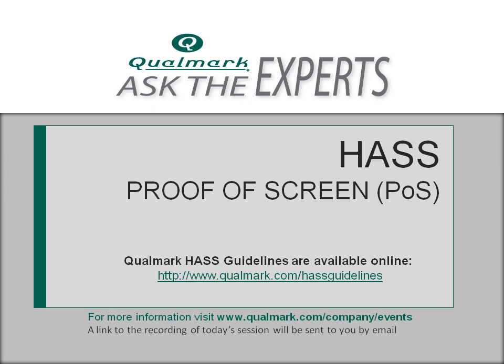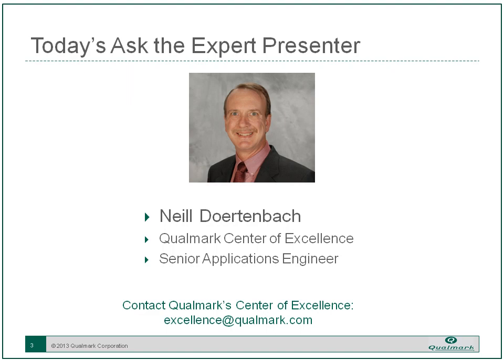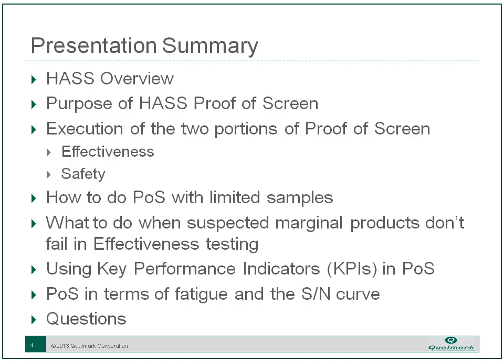Thank you, Gail, and thank you all for logging in today, and I hope you find this presentation to be valuable. Here's an overview of what we're planning on covering today. I'll do just a very brief discussion of what HASS is and the purpose then of the HASS proof of screen.